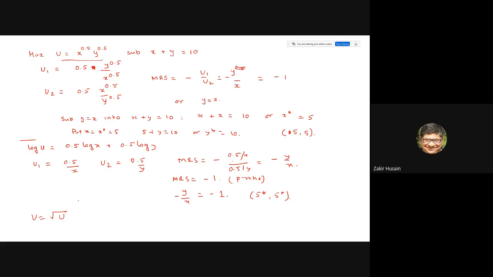In the earlier case, V was log of U. Now I'm taking root of U. What will happen to the bundle? Same. This is a positive monotonic transformation. But since we are taking a monotonic transformation, the equilibrium will be unaffected in both cases.